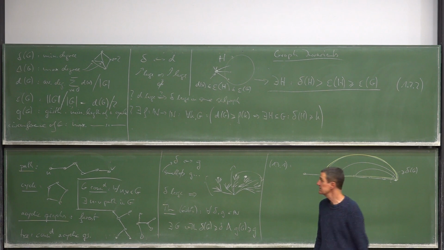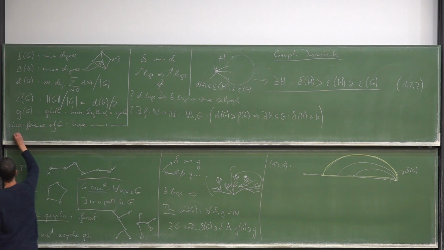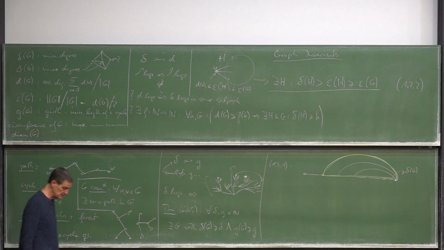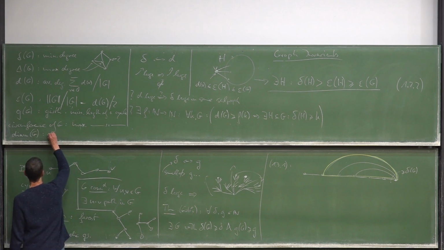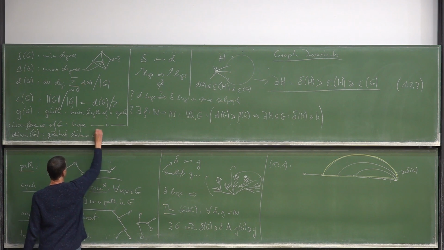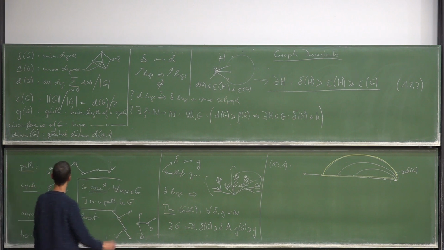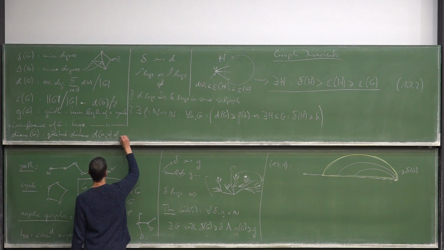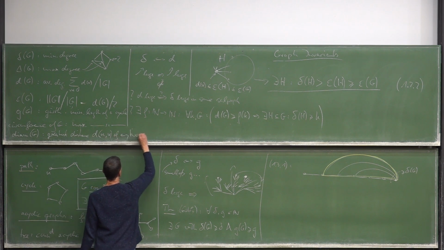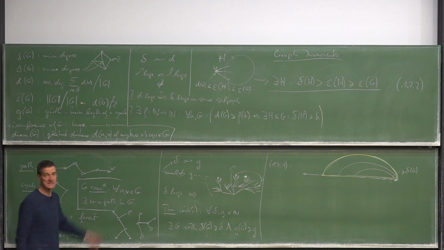Next invariant is the diameter. The diameter of G is the greatest distance, the distance between two vertices being denoted by d of those two vertices, over any two vertices u, v in G. And what's the distance between two vertices?